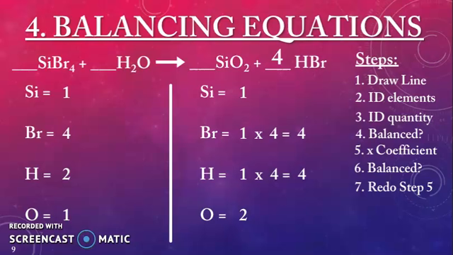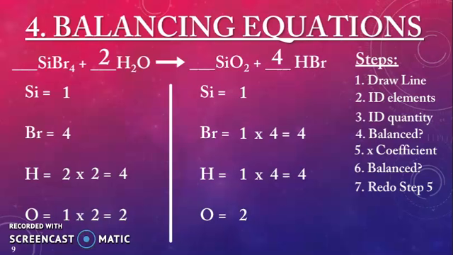Okay, so we're good to go with the silicon now. The bromine's good to go. The next thing I have to look at is the hydrogen, and I have hydrogen is 2 on the reactant side and 4 on the product side. So I'm going to look over, and what do I need to get from 2 to 4? I need to multiply by 2. So my coefficient is going to be 2, and that makes the hydrogen good, but it also is attached to the oxygen, so I have to multiply that one by 2.